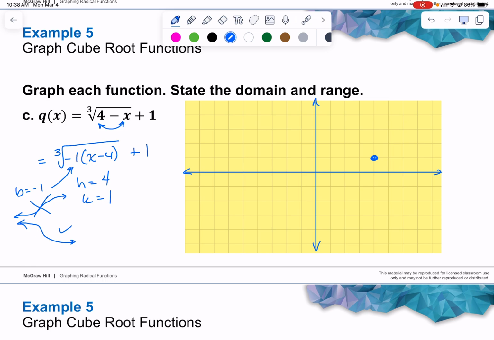So I'm going to go over 1, down 1, left 1, up 1, left 8, up 2, and we're going to try to draw our function. Okay. Domain and range? All real numbers.